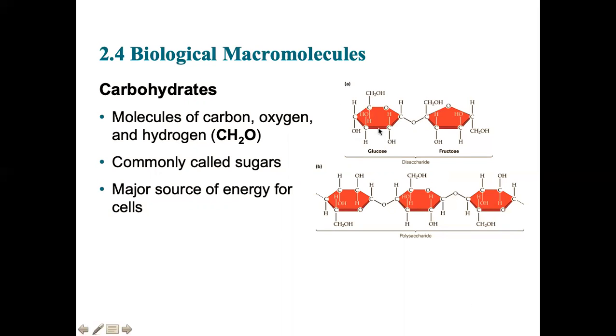You can have a monosaccharide, which is one sugar like glucose, or a disaccharide, which is two sugars linked together. I believe this one is sucrose, table sugar. Or you can have a polysaccharide, which is like starch, like potatoes and popcorn and bread.